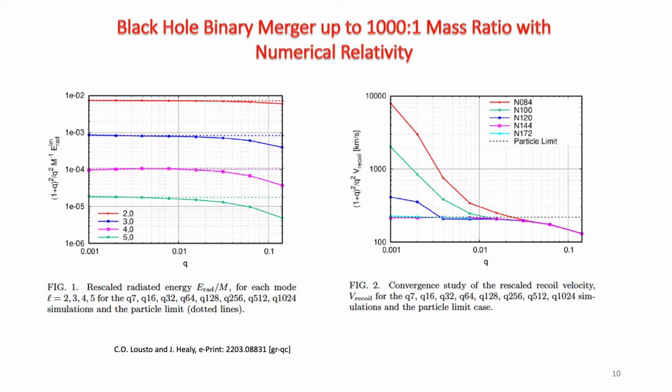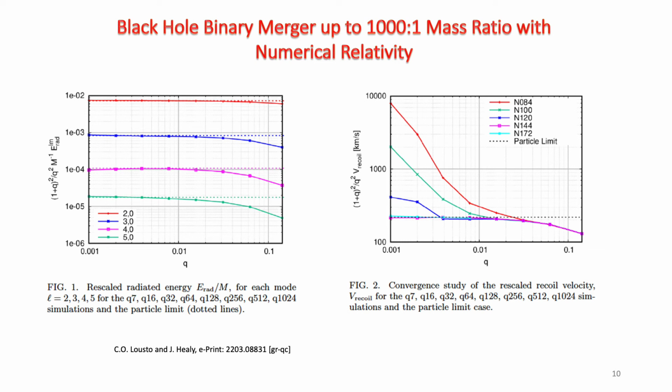Figure 1 shows a first view of the results using a sequence of 7 to 1, 16 to 1, 32 to 1, up to 1000 to 1. In order to perform direct comparisons, we normalize the energy, essentially by dividing by 1 over q squared.